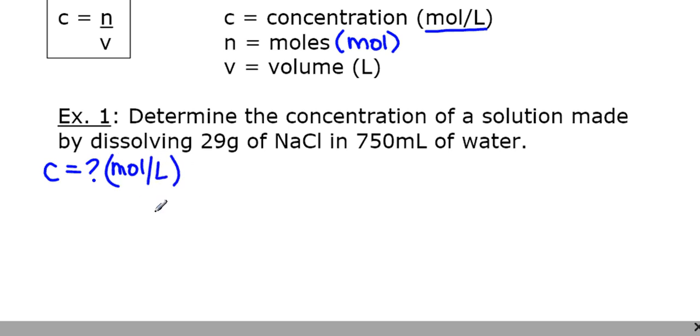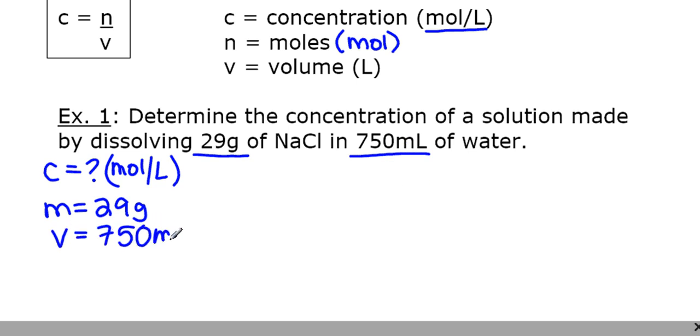When we look at what we're given, we have a mass of 29 grams, and we have a volume here of 750 milliliters. Now, neither of these match the units we need for concentration. We don't have moles and we don't have liters, but we have knowledge to be able to figure out what the units are in moles and what the units are in liters.